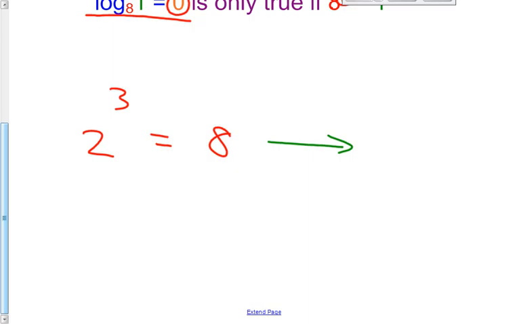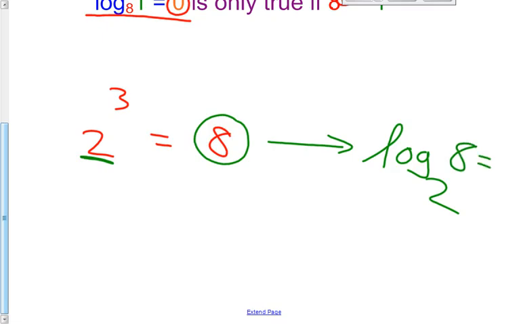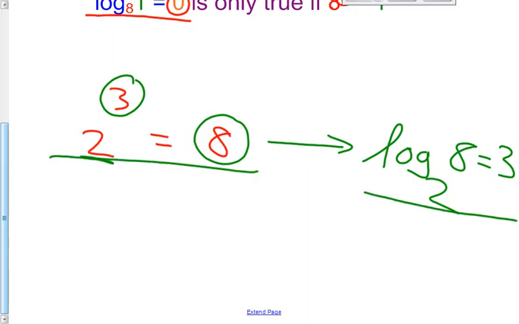So now if we change this into logarithms, you take the log with the same base, log base 2 of this number on the right, which is 8. That equals my exponent, which is 3. So class, even though this looks completely different than this, they say the exact same thing. 2 cubed equals 8, and log base 2 of 8 equals 3.